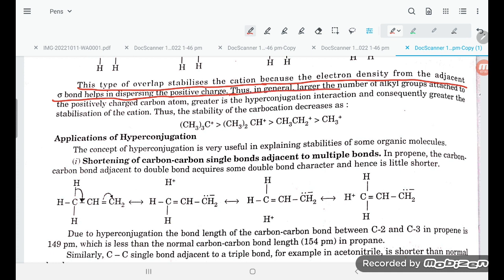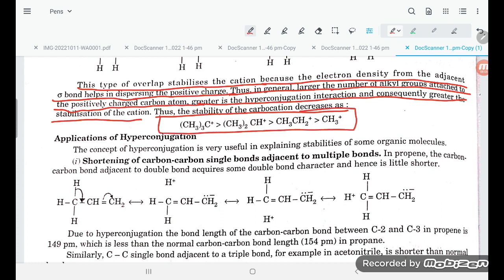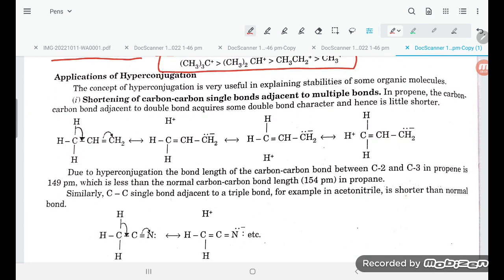Thus, in general, the larger the number of alkyl groups attached to the positively charged carbon atom, the greater is the hyperconjugating interaction, and consequently the greater the stabilization of the cation. Thus the stability of carbocations is 3 degree, 2 degree, 1 degree, and then methyl carbocation. Applications of hyperconjugating structures: shortening of the carbon-carbon single bond adjacent to a multiple bond.